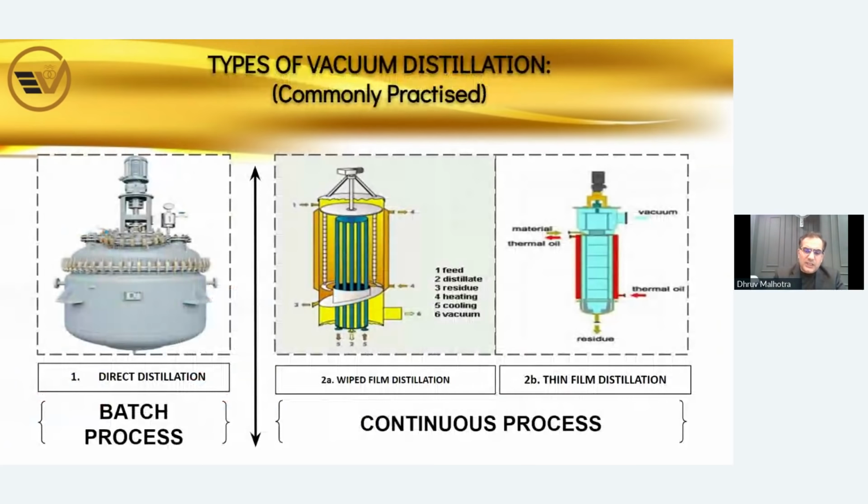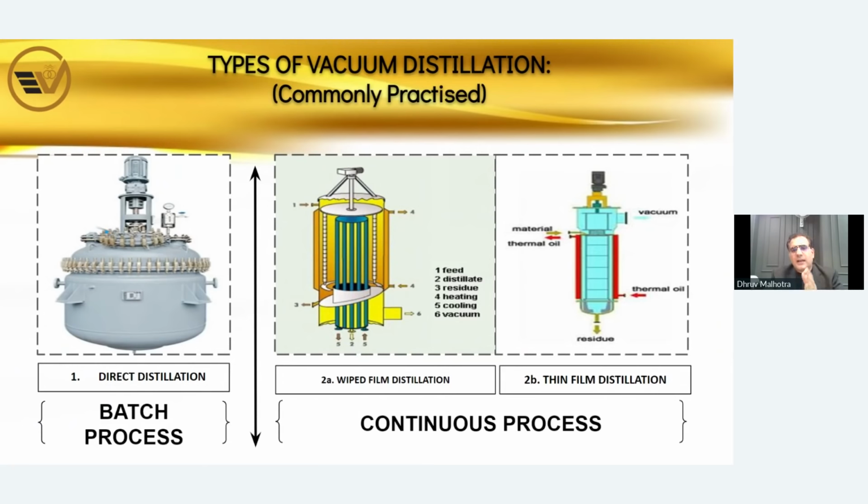Now coming to distillation, what are the various types of vacuum distillations that are commonly practiced? There are two main types. The first one is direct distillation, which is also popularly called the batch process in industry. Here, direct heating is done by either fuel or thermic fluid, and it causes evaporation within the vessel.